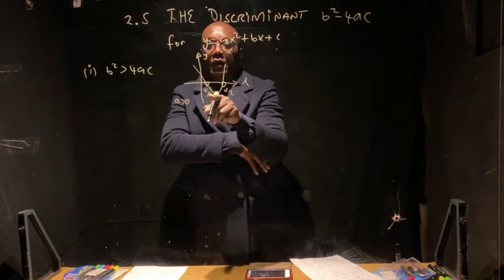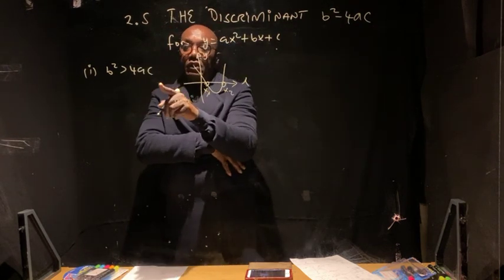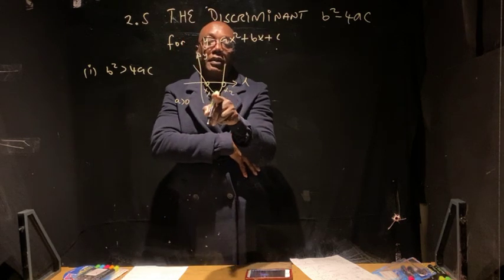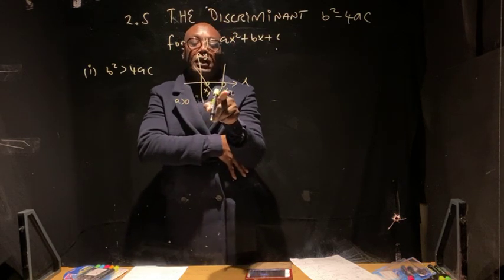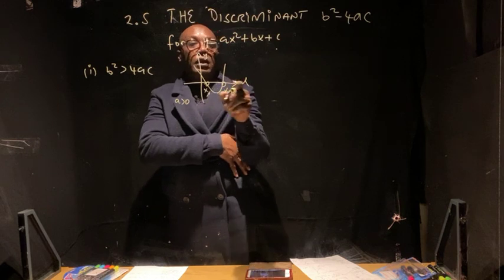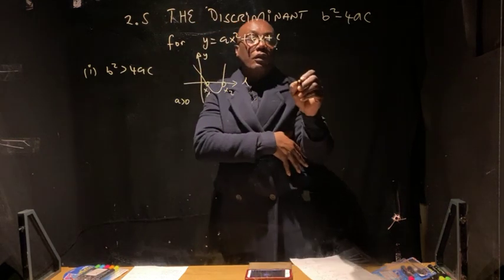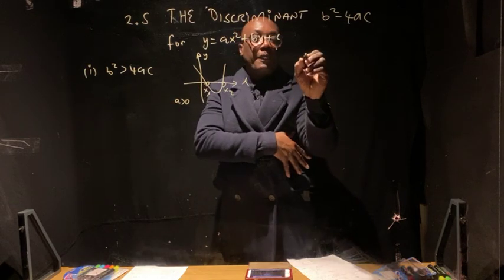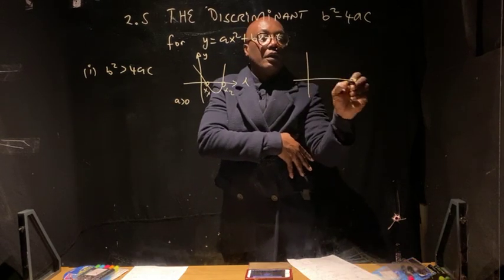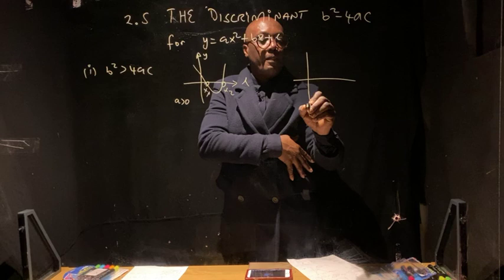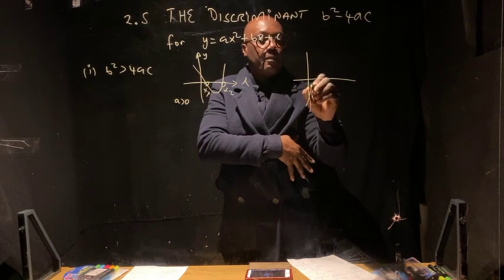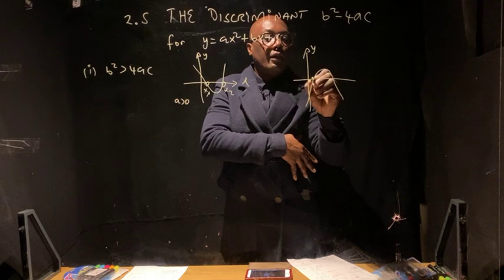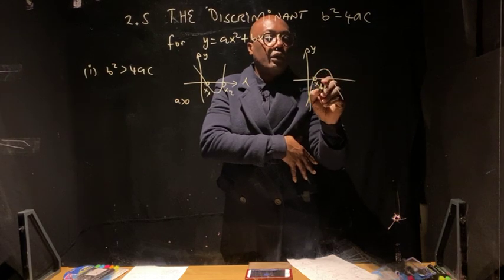This indicates that for this equation there are two real solutions, but they are different. x1 is not the same as x2. Then, for the case when a is less than 0, under the same condition, it will be like this, y and x2.